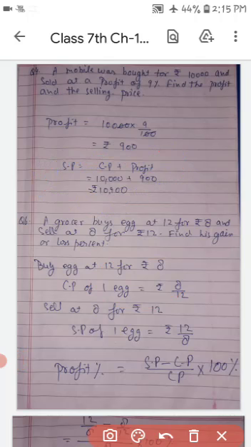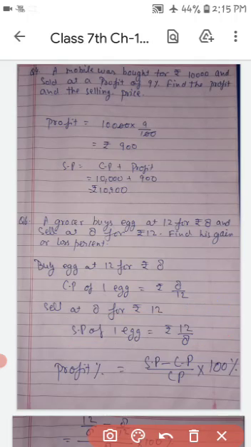Question 6. A grocer buys eggs at 12 for rupees 8. He sells 8 for rupees 12. Find his gain or loss percent. Buy eggs at 12 for rupees 8, so the cost price of 1 egg is equal to 8 upon 12. Selling at 8 for rupees 12, the selling price of 1 egg is equal to rupees 12 upon 8.